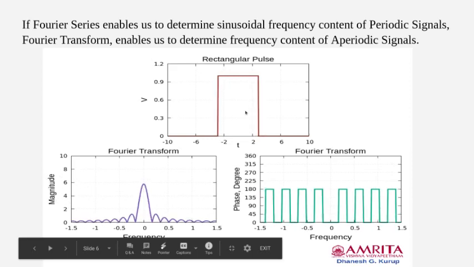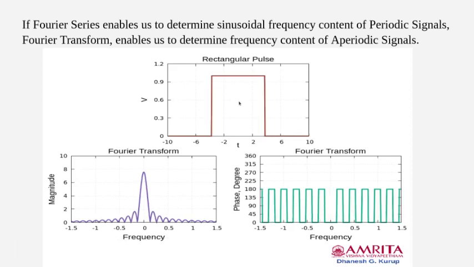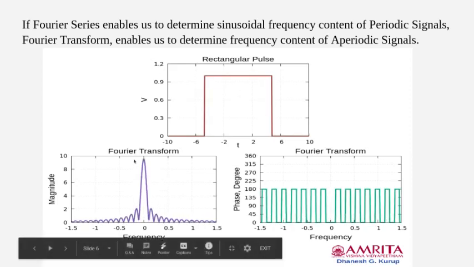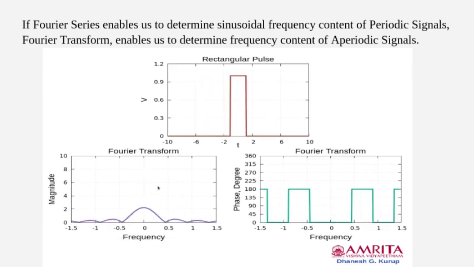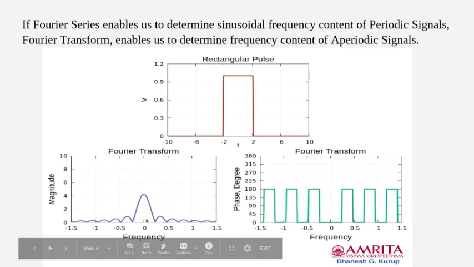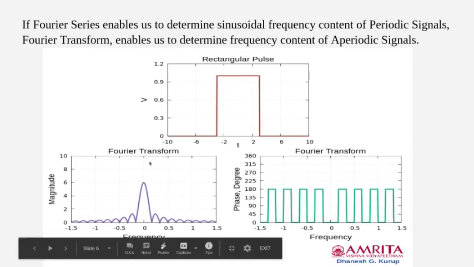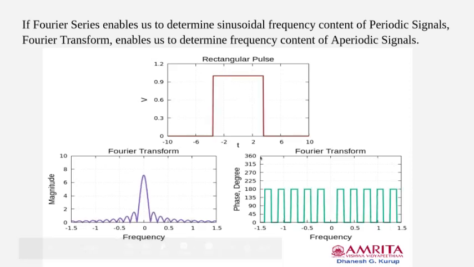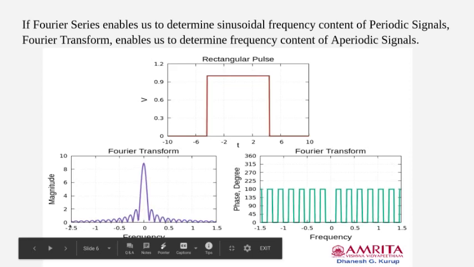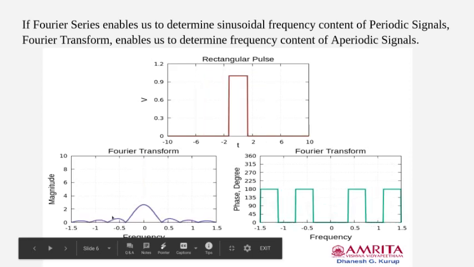And what is the lesson we learned from this slide? The thicker the rectangular pulse, the thinner the spectrum, which means the spectral components are very few for a thicker pulse. So high frequency components become smaller and smaller when the pulse becomes thicker.